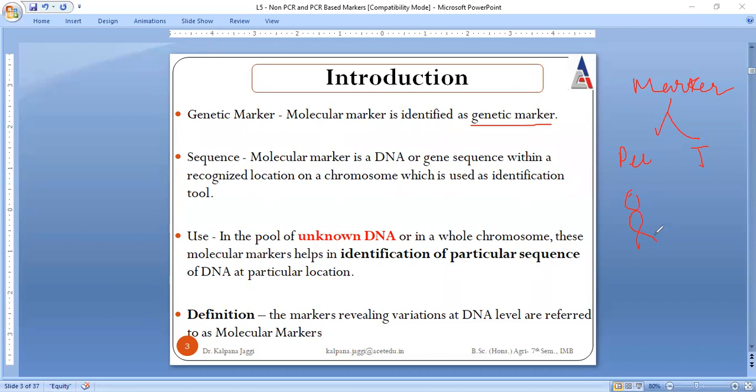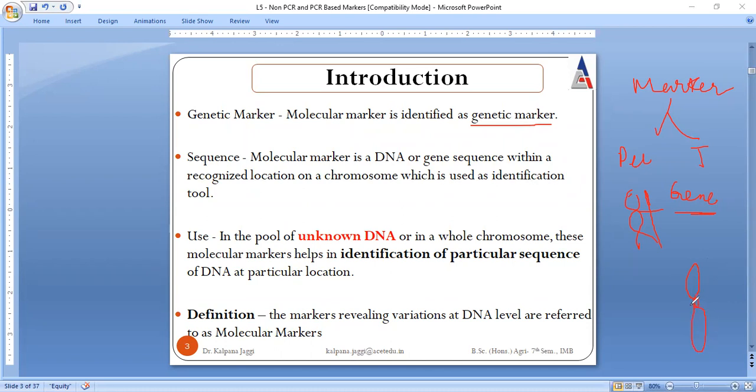So any guesses what can be the genetic marker? A genetic marker is a DNA sequence. If we don't call it a DNA sequence, then it can be said to be a gene sequence. But this sequence is placed on a particular location on a chromosome.